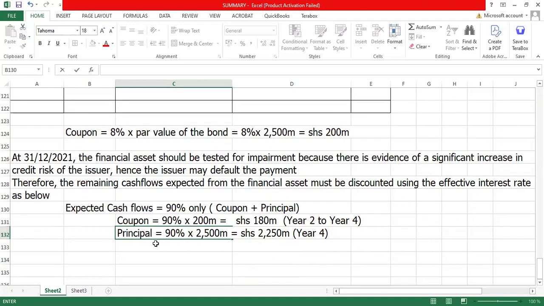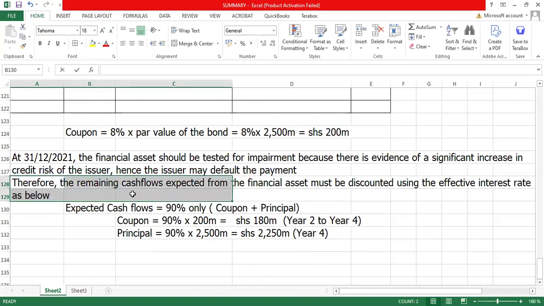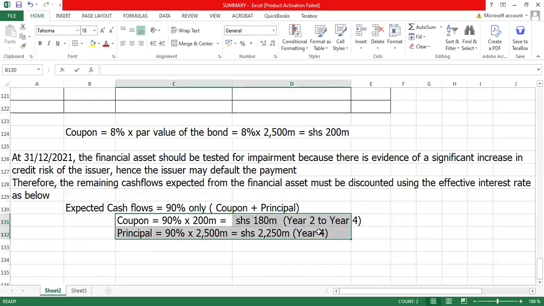Remember we said that the remaining cash flows expected from the financial asset must be discounted. So you discount these cash flows to get the present value, and that present value is actually your recoverable amount, the amount of money you can actually recover.